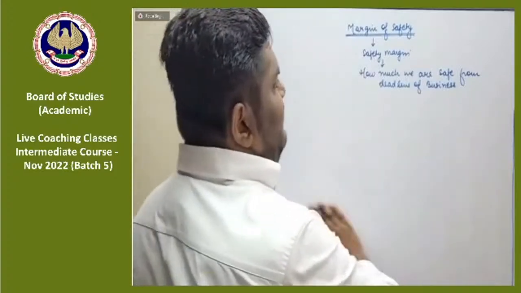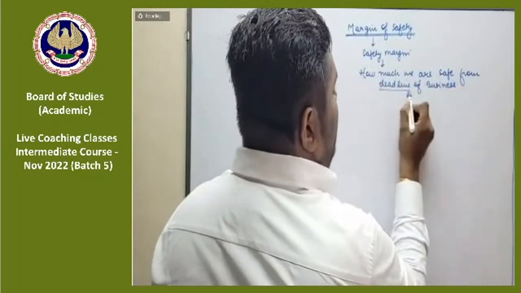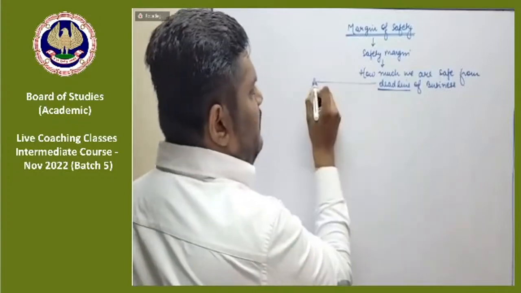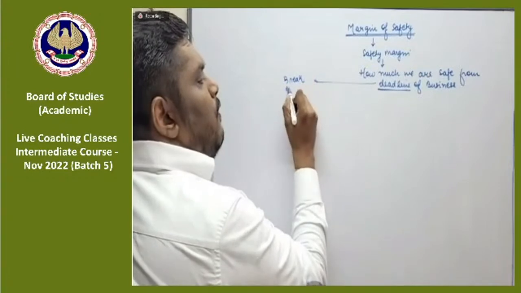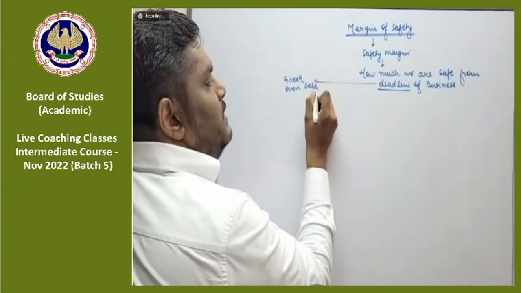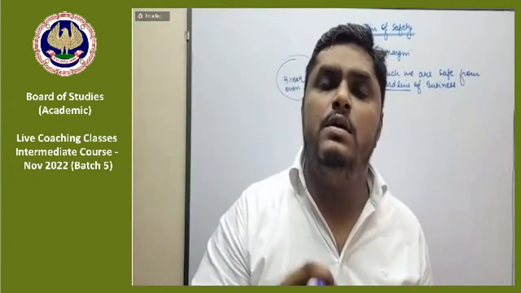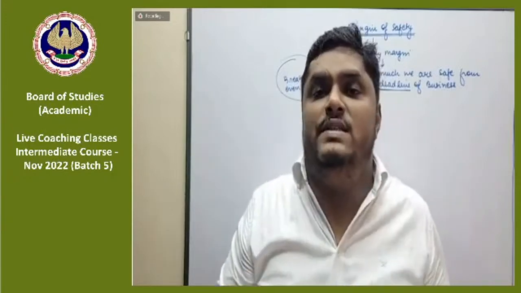So margin of safety, or safety margin, says how much we are safe from the deadline of business. When talking about deadline, it talks about break-even sales, that is, how much you are safe from your break-even sales.